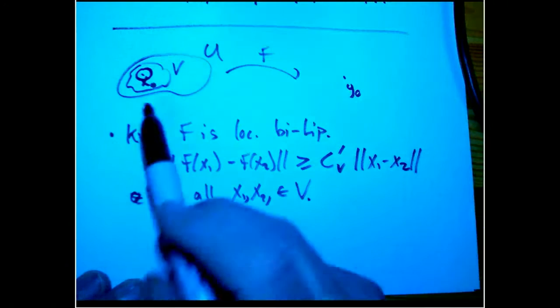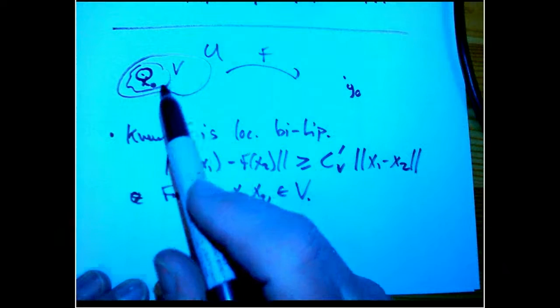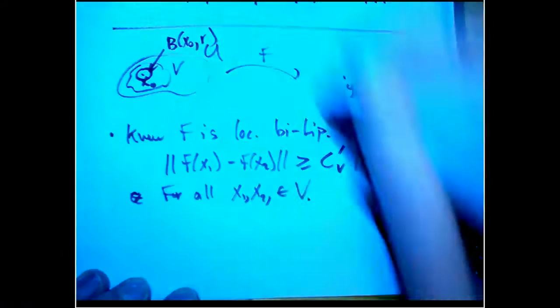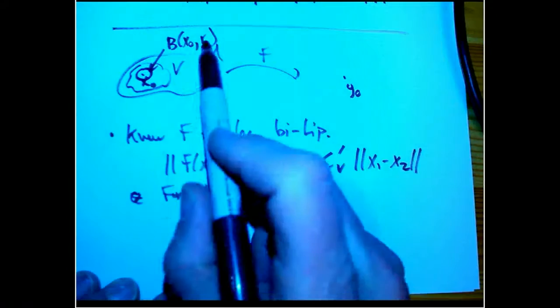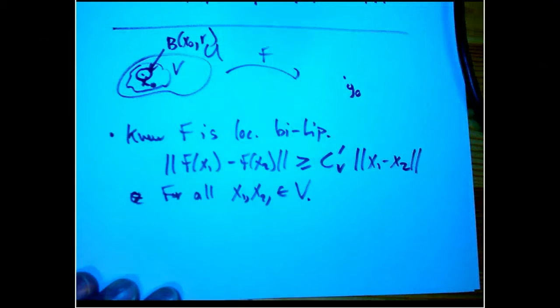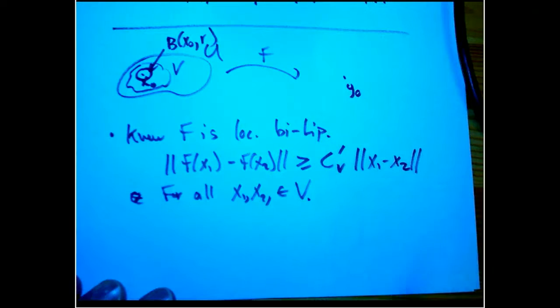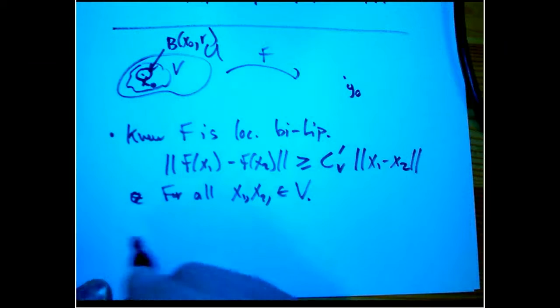Random, wiggly open sets are not incredibly great when you're trying to do careful geometry. Let's say this one, since it's open, contains some B x naught r. Okay, so we're just going to let r be so that it's Lipschitz with this known interior, Lipschitz constant, the lower bound Lipschitz constant, c prime.